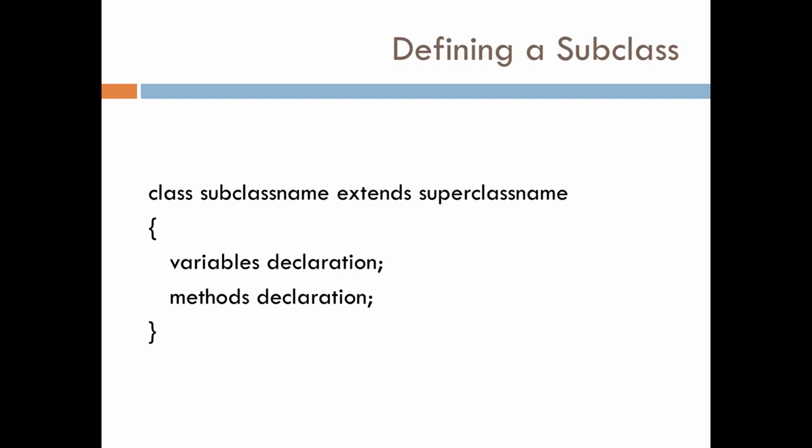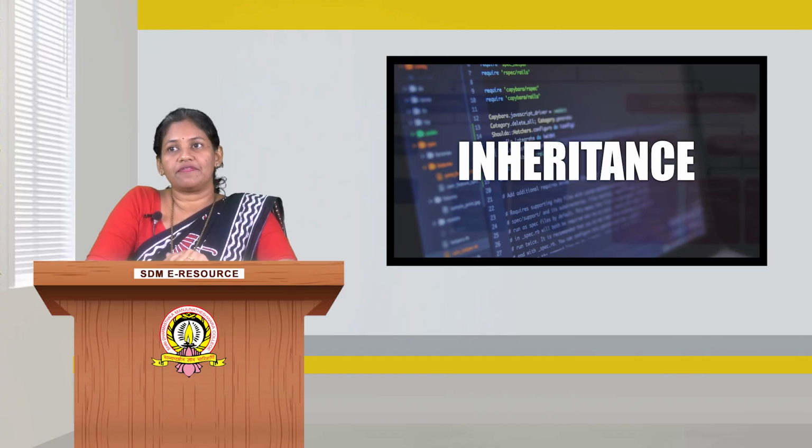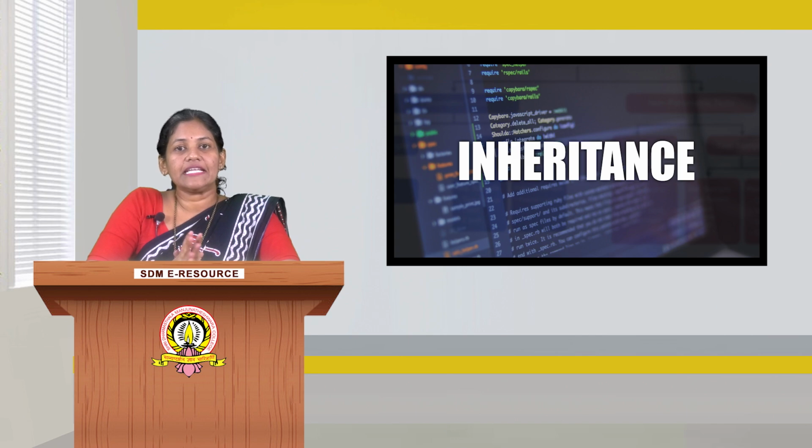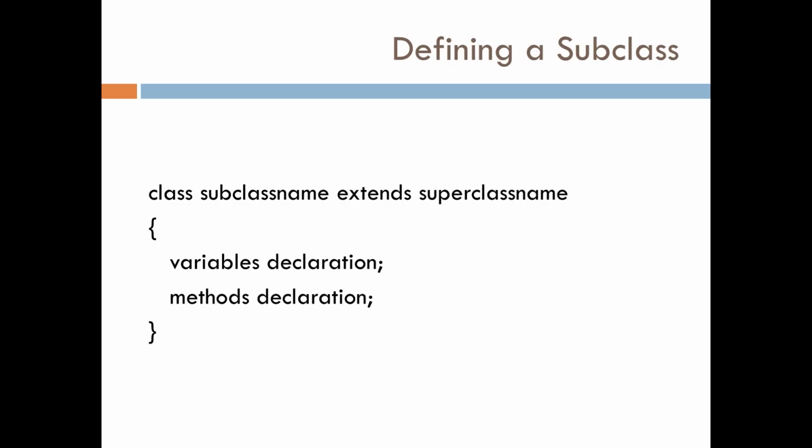Next, defining a subclass. Now let us see how to define a subclass. Using the keyword extends, we can easily inherit the properties of the old class to the new class. The general form of this is class, subclass name, extends, superclass name, and then the variable declaration of the new class and the method declaration of the new class. Here subclass name is the new class, superclass name is the old class.